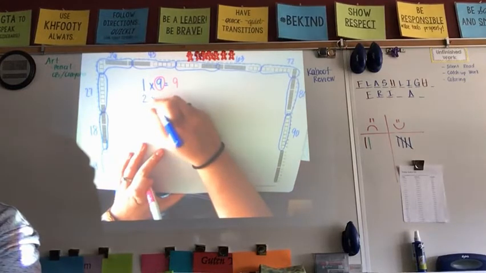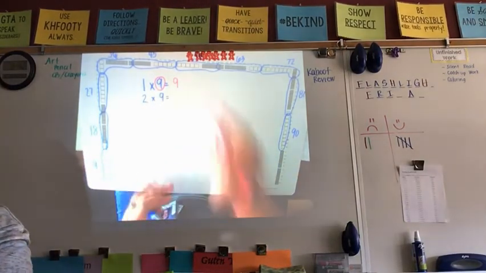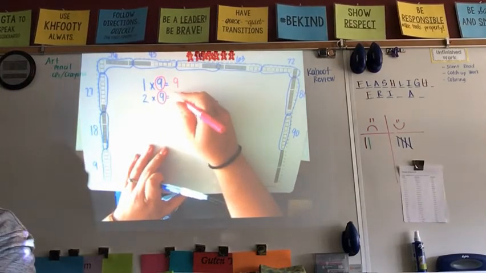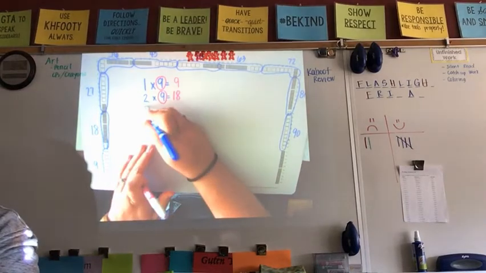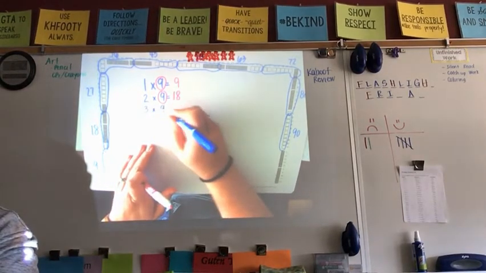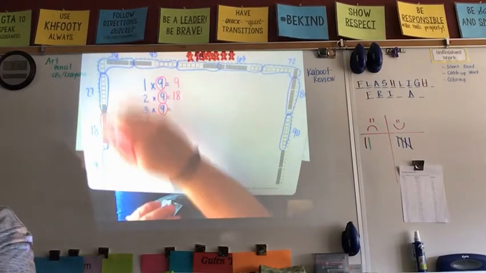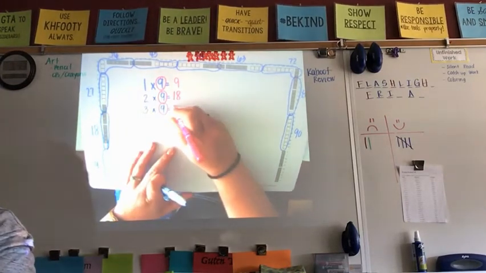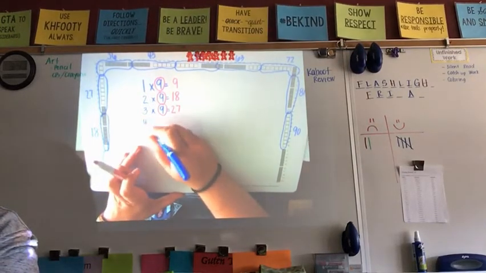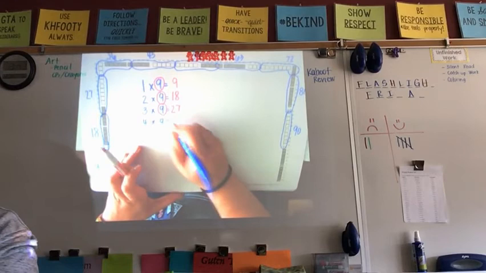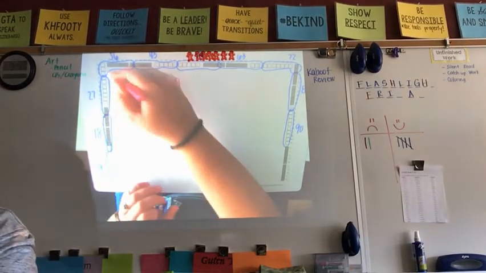Two groups of 9 equals 18. 3 groups of 9 equals 1, 2, 3 gets me to 27. 4 groups of 9 equals 1, 2, 3, 4.